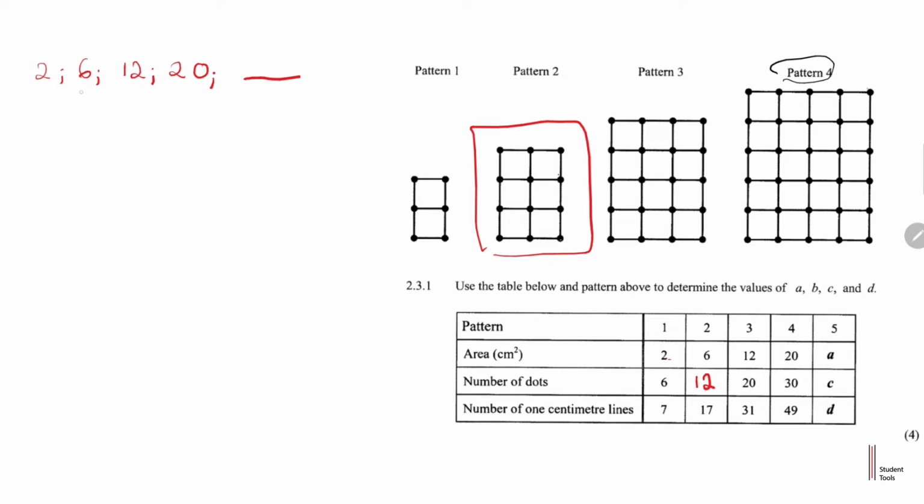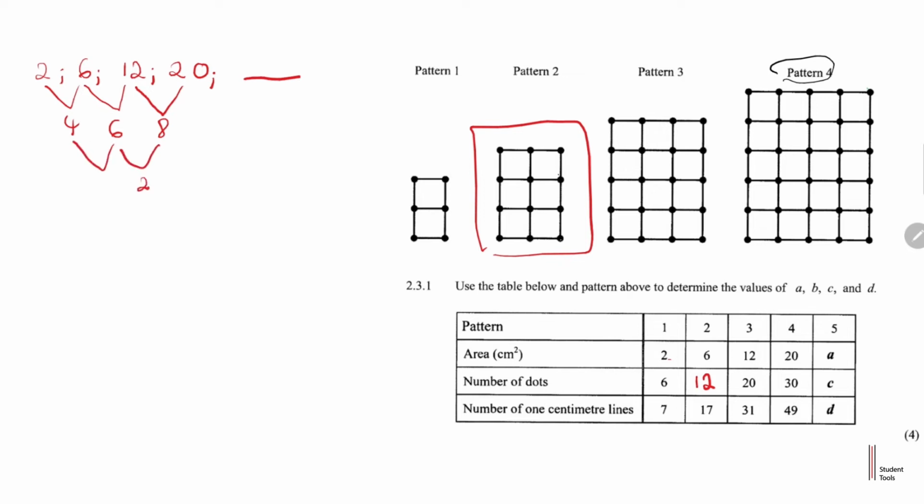I will check by finding the first differences. 6 minus 2, that is a 4. 12 minus 6, that is a 6. 20 minus 12, that is an 8. Already we are seeing a trend here. The common difference between the first differences is 2.